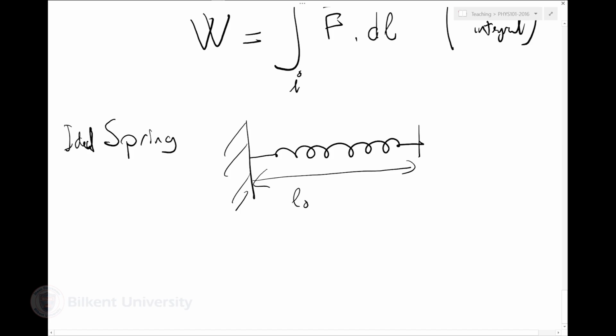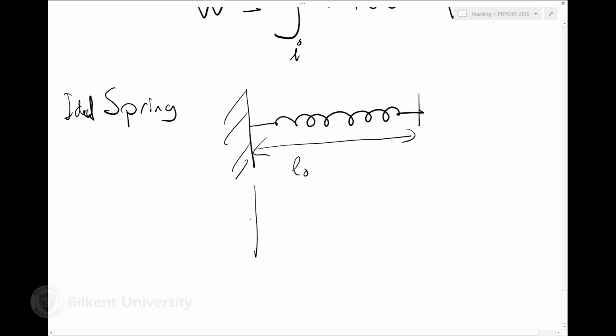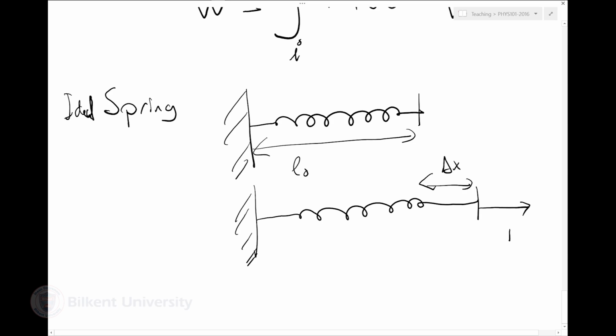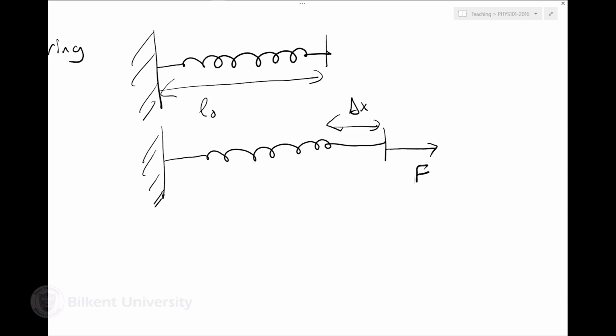And to extend it by an amount delta x, I need to apply a force, and that force increases as I actually try to extend it more. So it actually increases. The magnitude of this force will be a constant k times the magnitude of delta x.